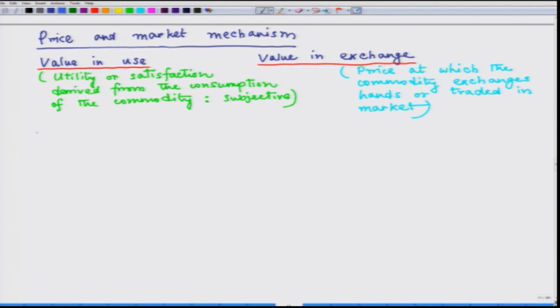So, we will start with the definition of price system. What is price system?